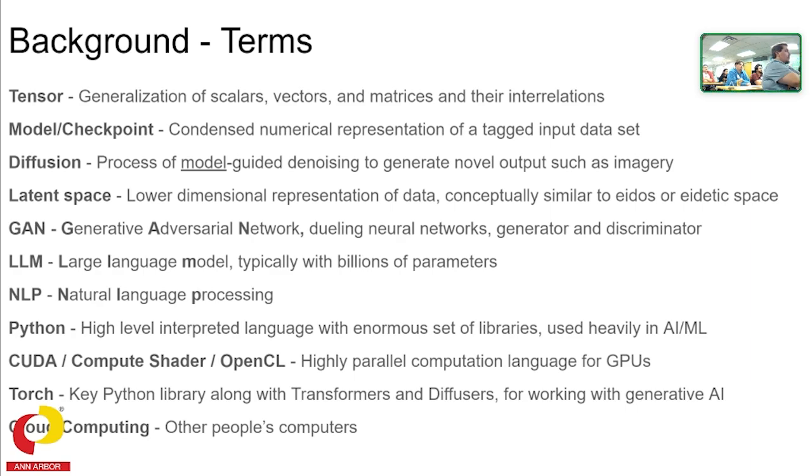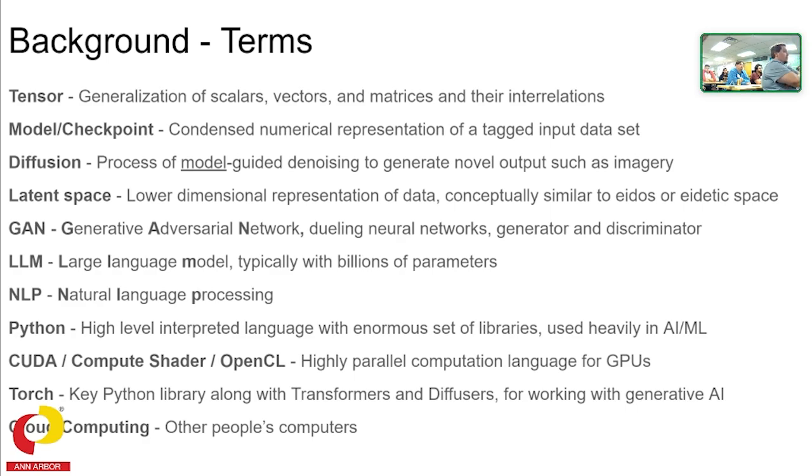CUDA, compute shaders, OpenCL, they all kind of mean the same thing, which is access to the super fast parallel processing on a GPU. CUDA happens to be NVIDIA technology. A lot of these tools use CUDA. There's going to be a big theme of how NVIDIA is clearly the winner in all of this. If anybody is watching the market this week, their market cap went up $200 billion this week.